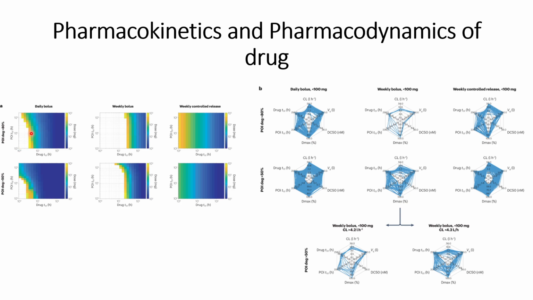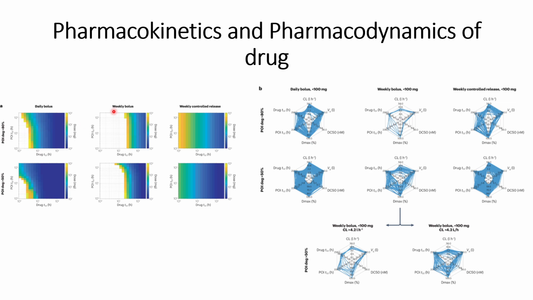So the ideal value in this case, for 80% degradation, should be around here. At this point we can see that the dosage is less than 100 milligram, and the half-life is between these two values, around 50 minutes or around 5 hours in this case.